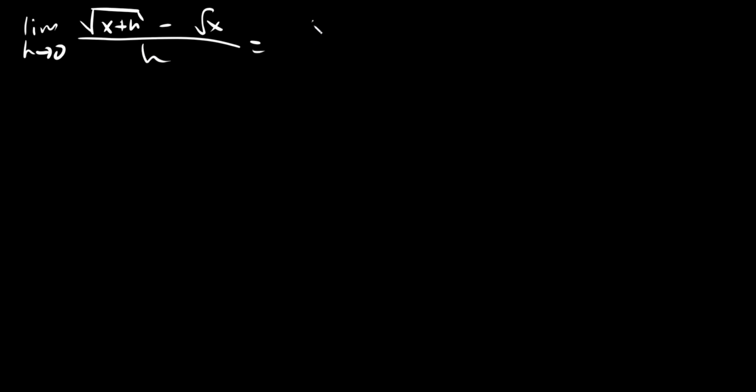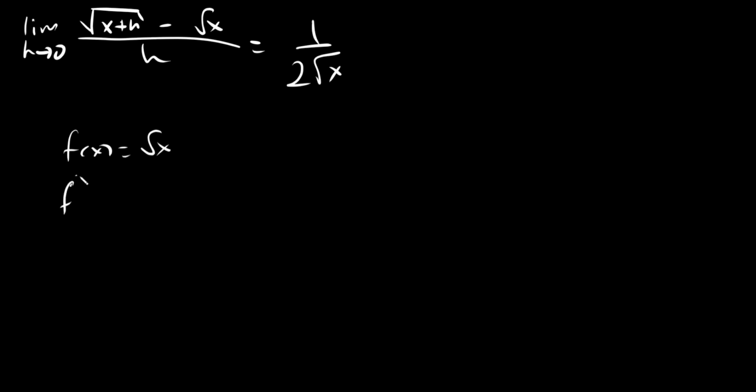So what we got for our limit, if I remember clearly, as h goes to 0, of square root of x plus h minus square root of x, divided by h, is giving us 1 over 2 times square root of x. Now our equation was square root of x, so let's derive it using my derivation law.